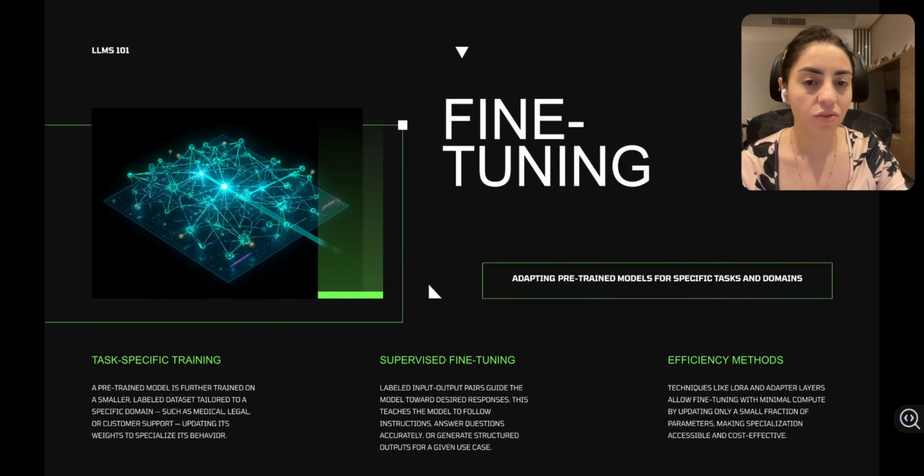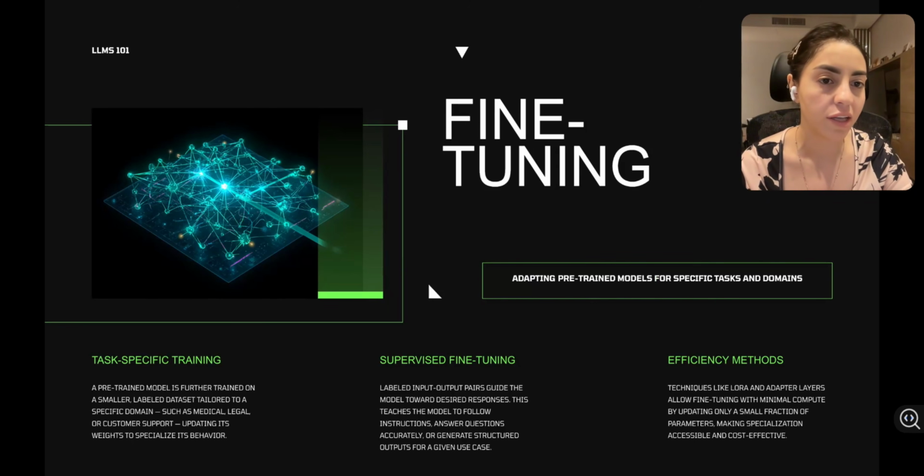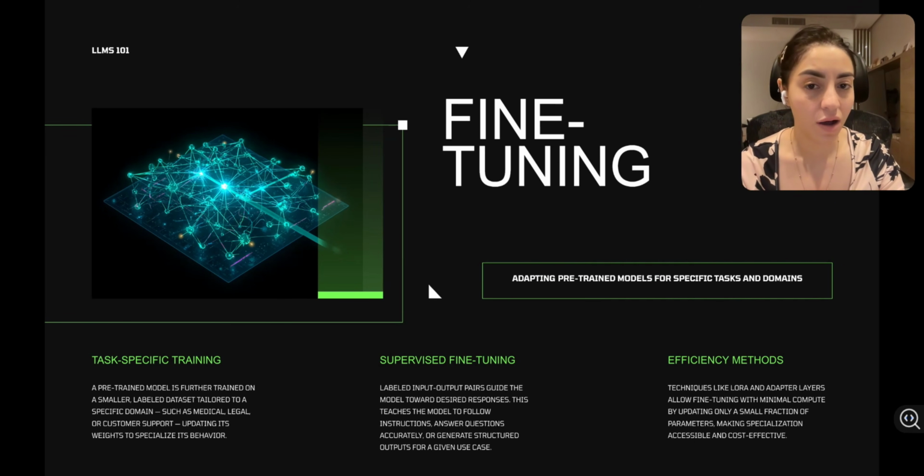Before we talk about fine-tuning, let's quickly connect these three types of machine learning you may already have heard about. This is very important to differentiate. In supervised learning, for example, we give the model labeled examples. Think of emails already labeled as spam, yes, in your mailbox, or not spam.